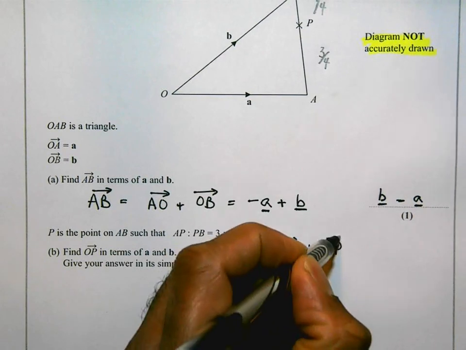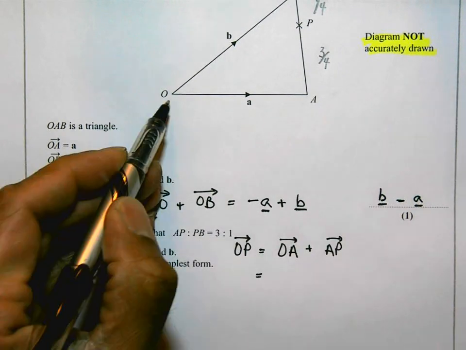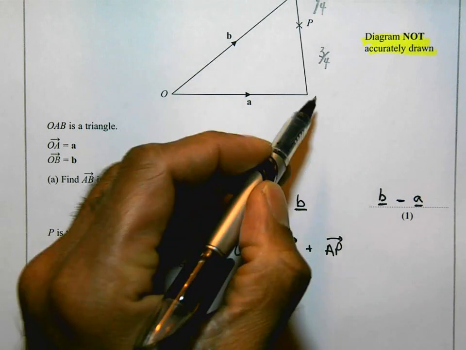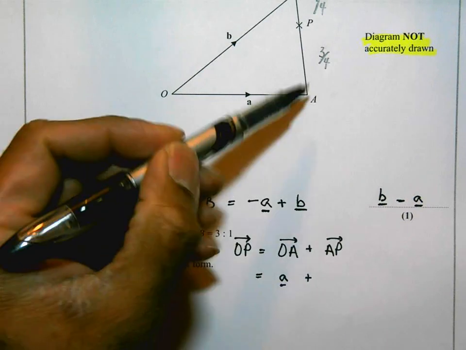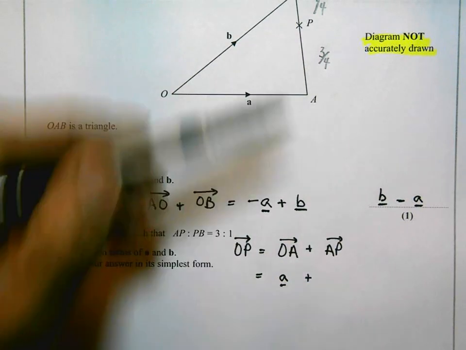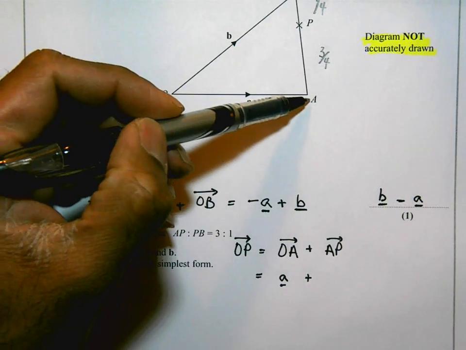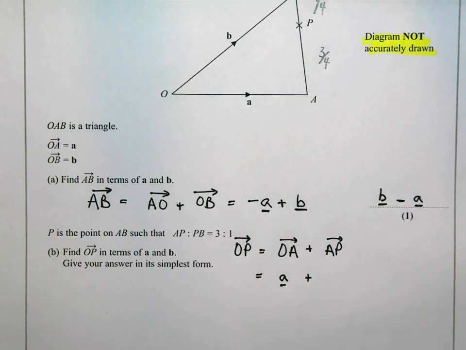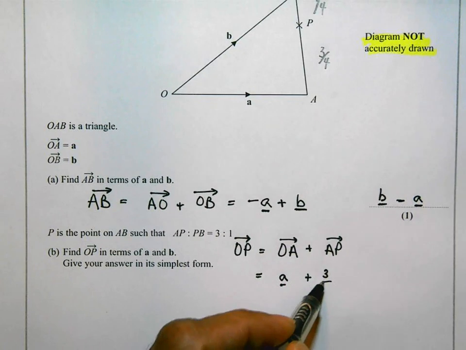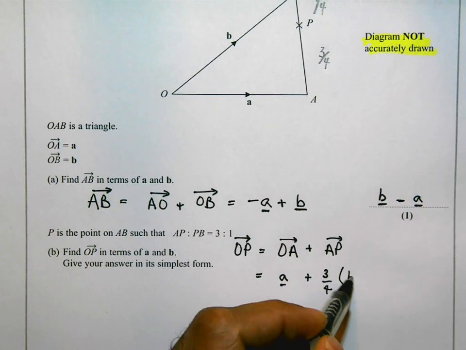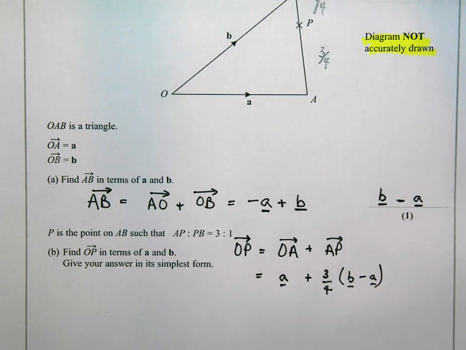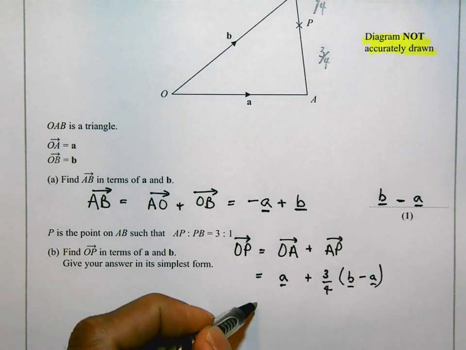O to A is the vector A. A to P is 3/4 of the vector A to B, and we worked that out in the previous section. So A to P is 3/4 of B minus A. And I'm going to simplify and tidy this up.